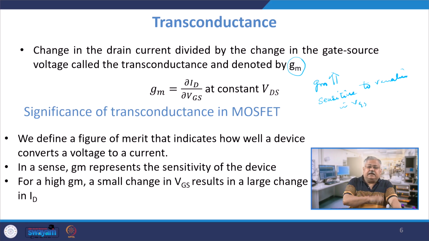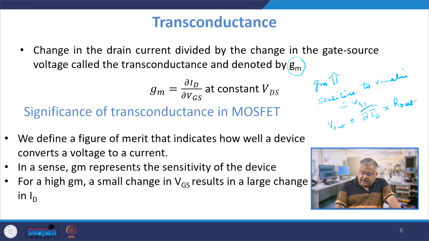Typically, as a designer, if you want the gain to be high, the output voltage is basically the change in the drain current multiplied by the external resistance Rout.